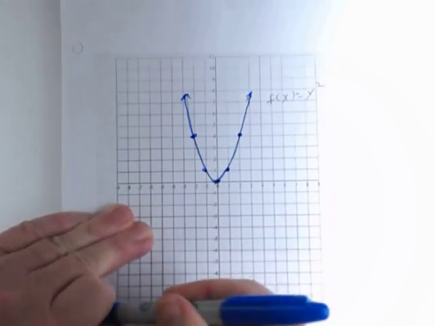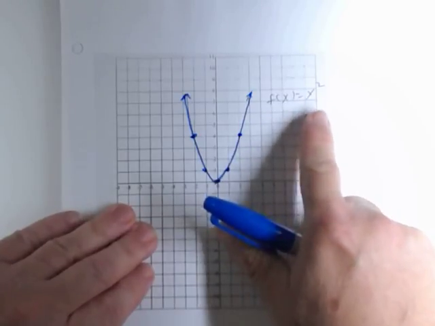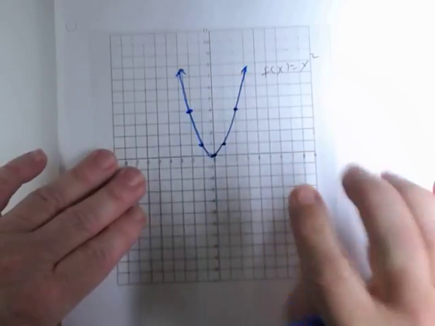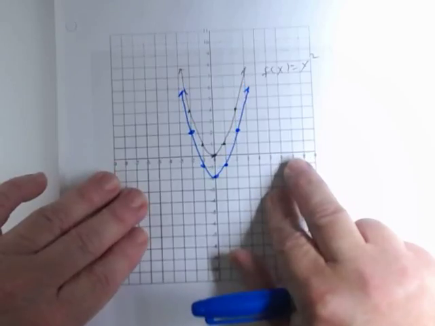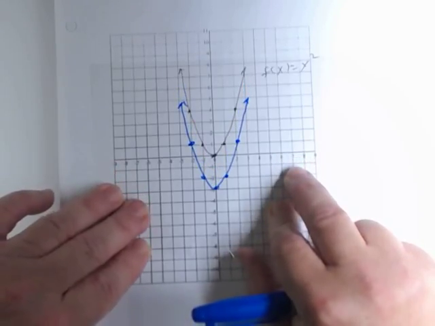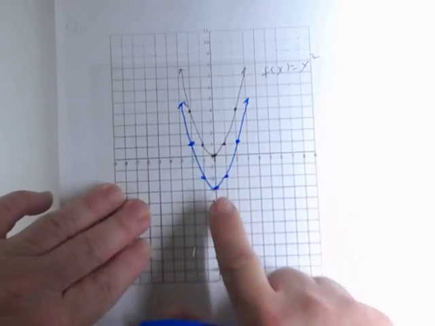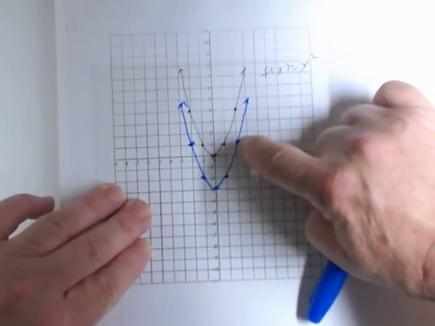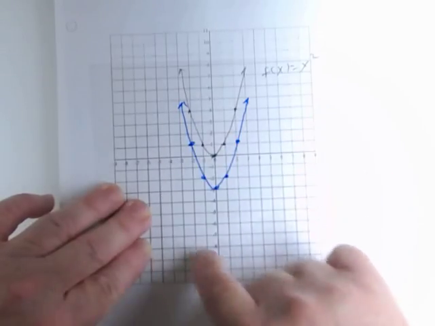Okay, so now I'm going to graph g of x equals x squared minus 3. So basically that subtract 3 says I'm going to take this parent function, I'm going to shift it down 3 units. 1, 2, 3. So that's how it's supposed to look. So I took the parent function and I did what to it? Shifted down 3 units. So basically every point went down what? 3 units. This point went what? 3 units. This point went down 3 units.